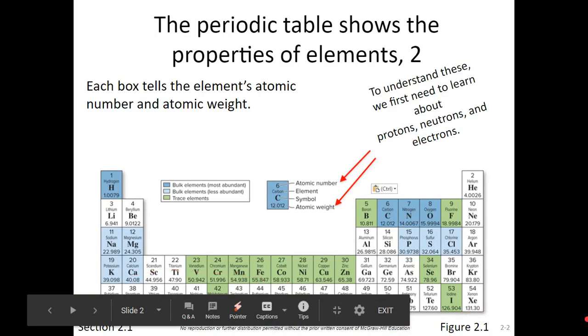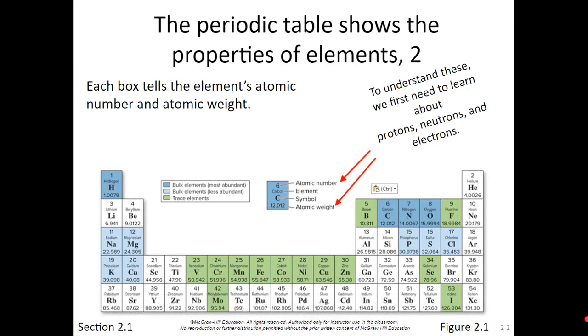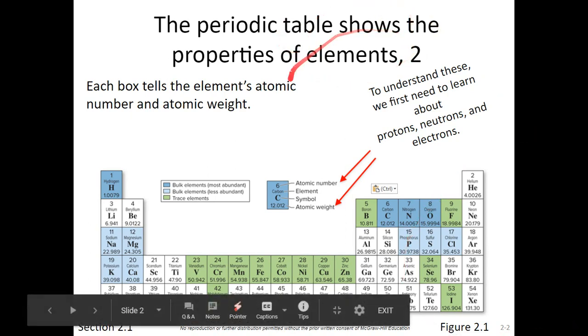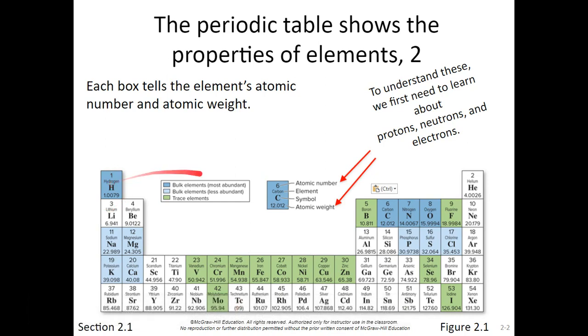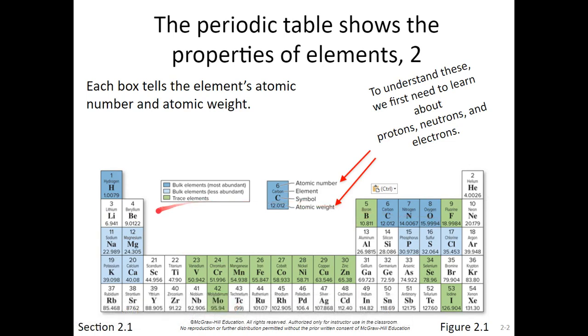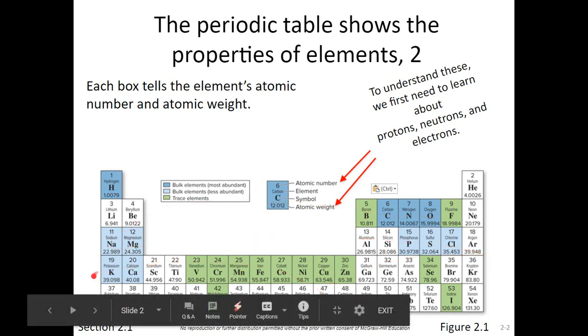Now, it is a good idea that you always study the first 20 elements in your periodic table. This is known as the periodic table, and it is very important that you familiarize yourself with it. The periodic table has elements numbered 1, 2, 3, 4, 5, 6, 7, 8, 9, 10, 11, 12, up to 18, 19, 20.